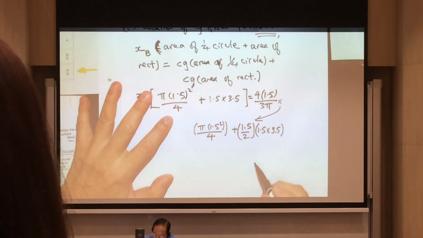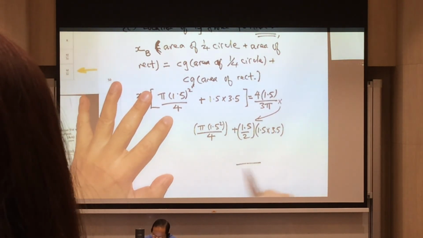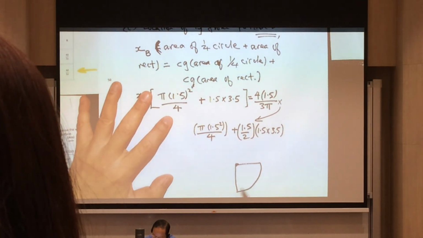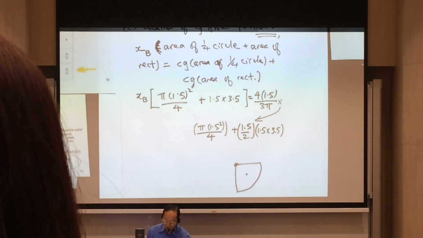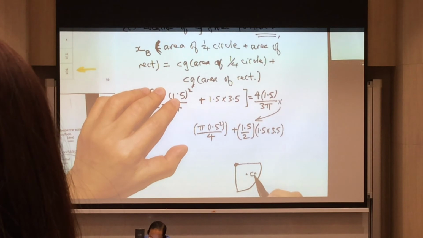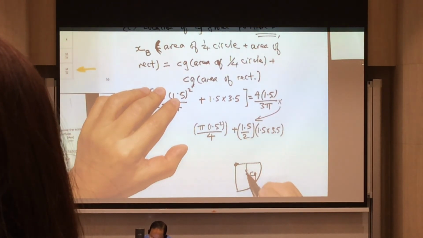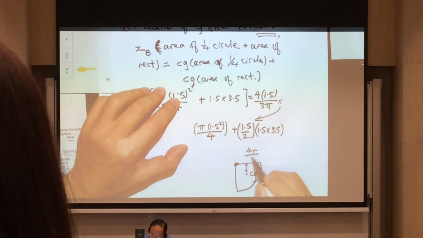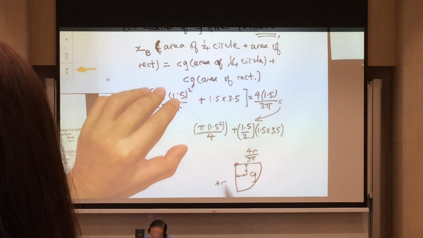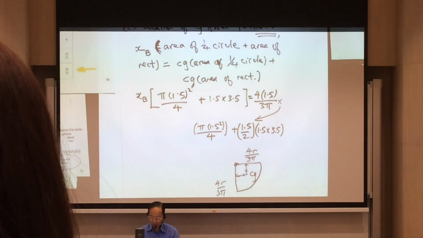In other words, if you have this, this is a water circle. Where is the CG of this water circle? This is 4r over 3 pi. This is also 4r over 3 pi. R is the radius.